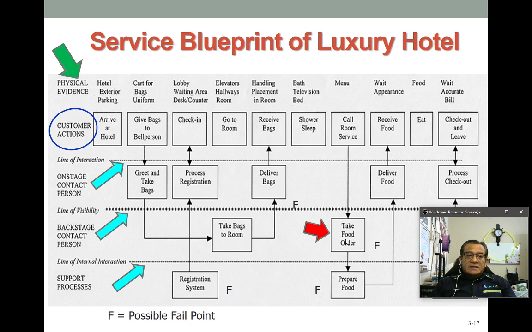Another potential fail point in this service blueprint for the luxury hotel is also identified as F. Perhaps you order food from your room, but the order is taken wrongly, and when it is prepared, it is wrongly prepared, and when it is sent to your room, of course the wrong food is delivered. So from this blueprint, you could easily identify which process could possibly fail, and you identify the actual process so that you can do some mitigation or countermeasure to prevent the error from happening.